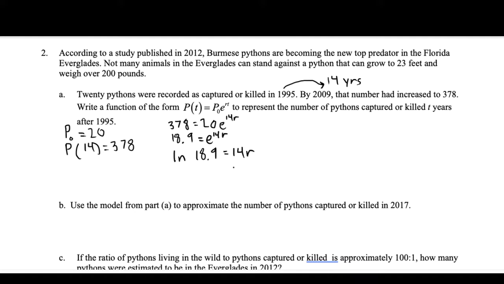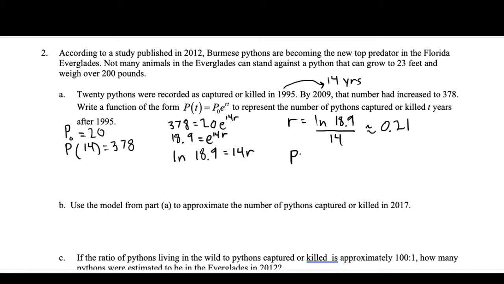And if I solve for r, I will get r equals ln 18.9 divided by 14. And that is about equal to 0.21.